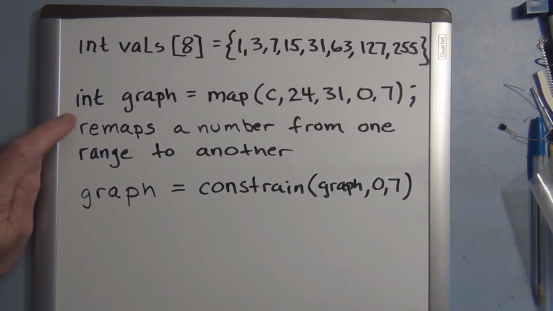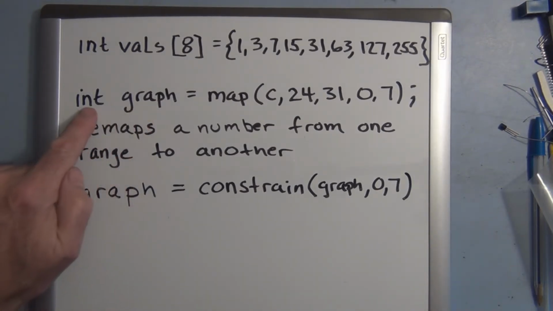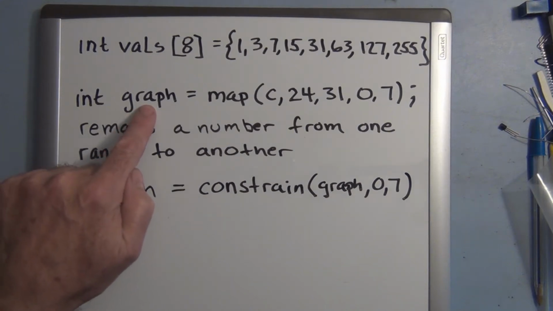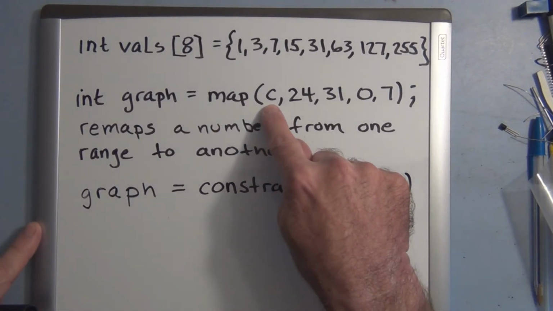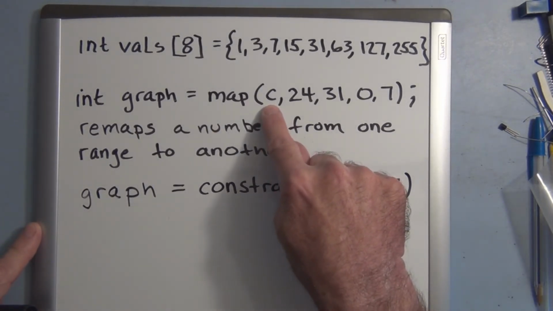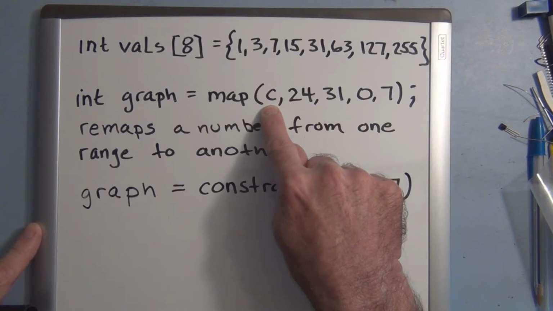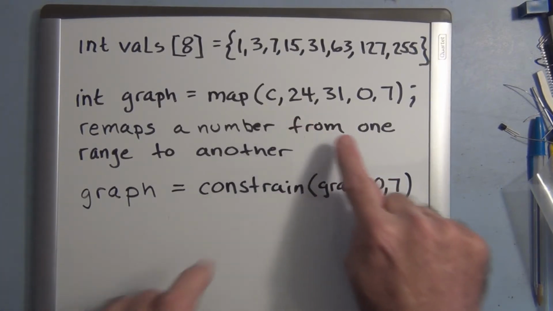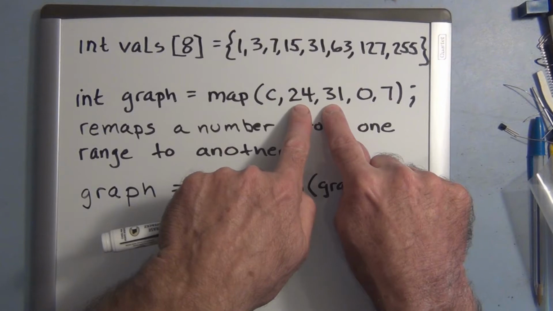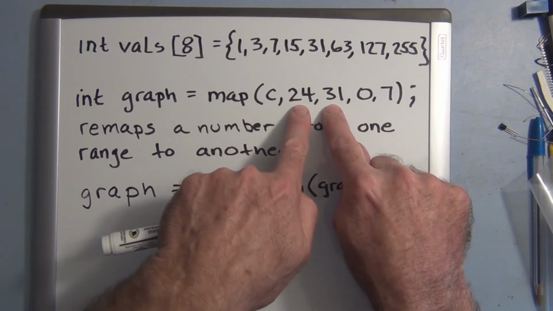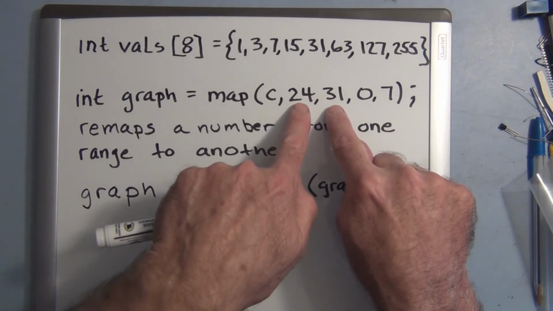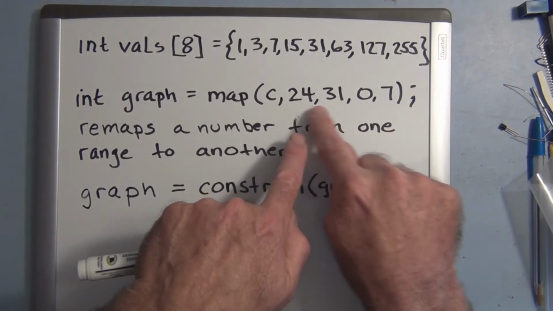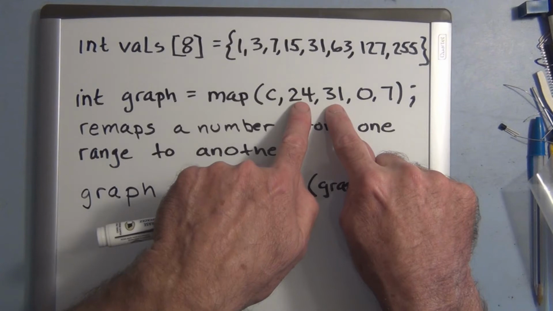Now we have an integer variable we're calling graph. C is the actual measurement that we're receiving from the digital temperature sensor, and this is the range that we're going to remap. This physical number is going to be constrained between 24 and 31.